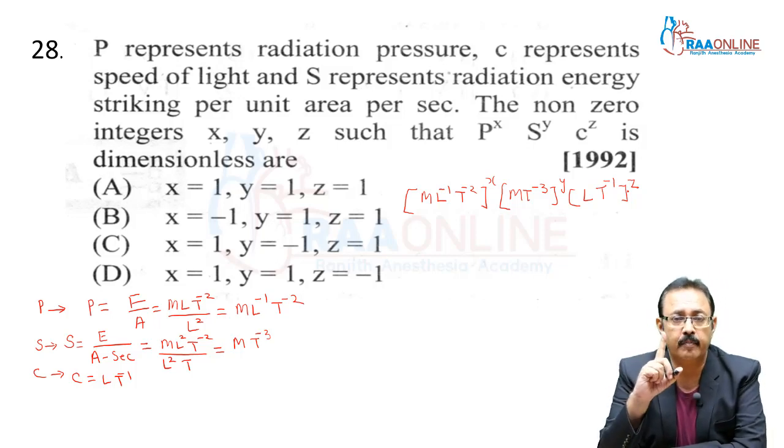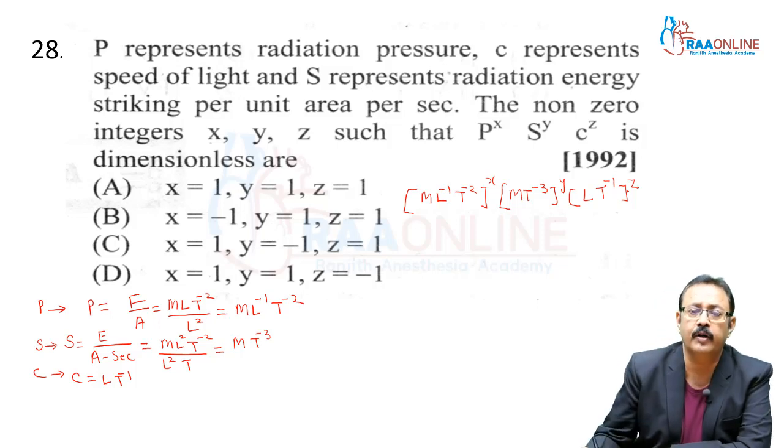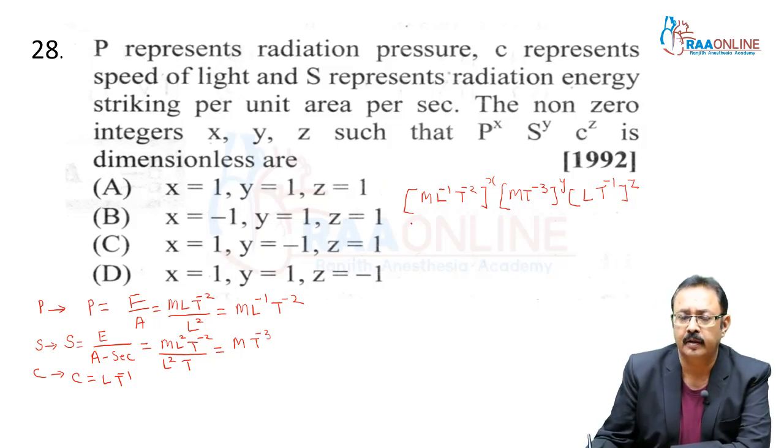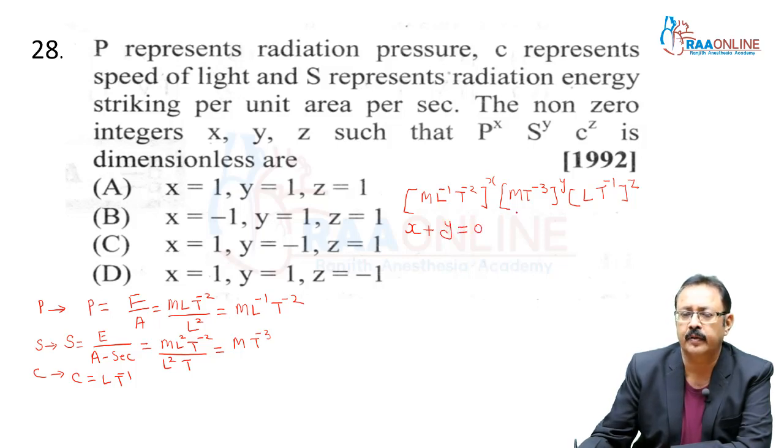It means the power of M should be 0, the power of L should be 0, and the power of T should be 0. What is the power of M? We observe that the power of M is x and y. When we multiply these three brackets, if the base is the same, we have to add the powers. We want x plus y to be 0.